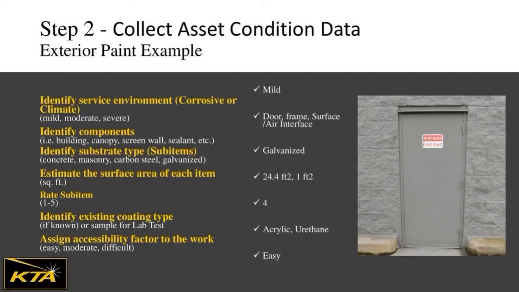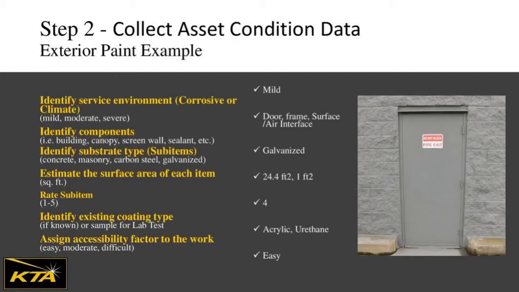In this case, the picture here represents a mild environment. And then identify the components. We've got a door and a frame, and then the surface to air interface. With some owners, they want to determine the condition of that surface to air interface. That's basically the splash zone, from the ground up to 1 foot, where it's highly subjected to corrosion due to de-icing salts.